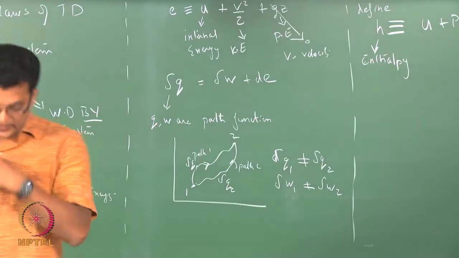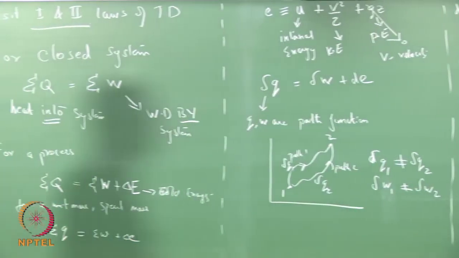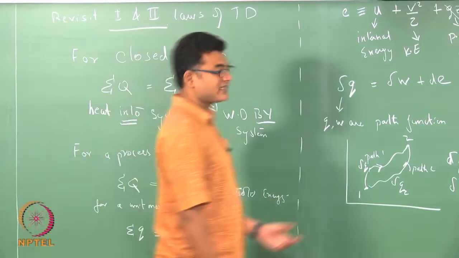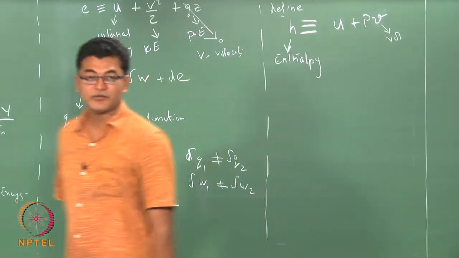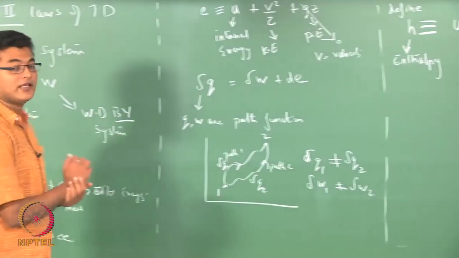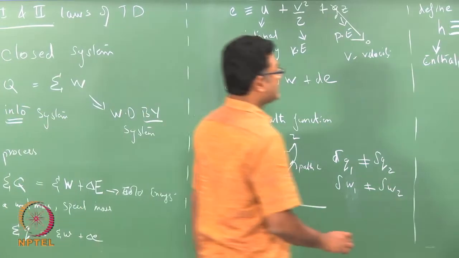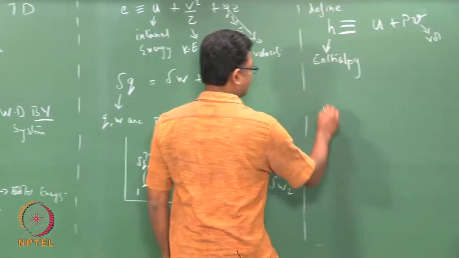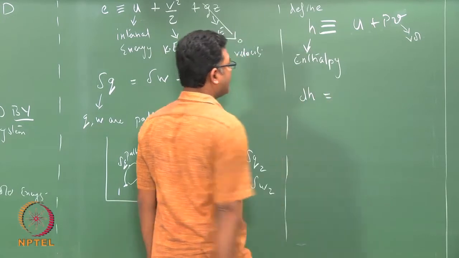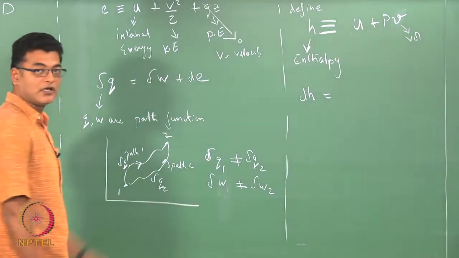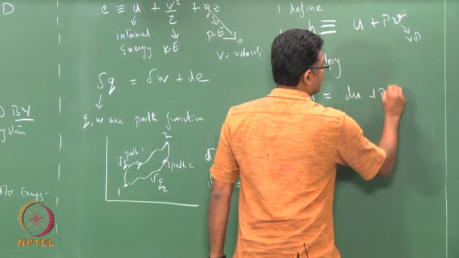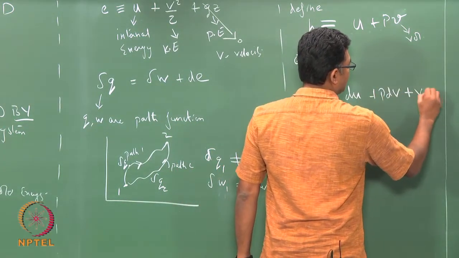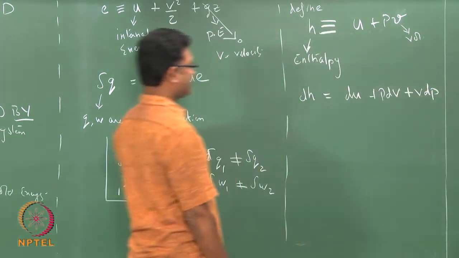I will keep that particular notation. Whenever there is a confusion between these two notations, I will try to refer to that. Okay. So, the enthalpy is defined like this, which essentially means if I differentiate this for a small process, this would be dU plus P dv plus v dP.